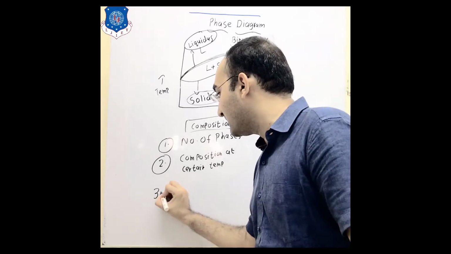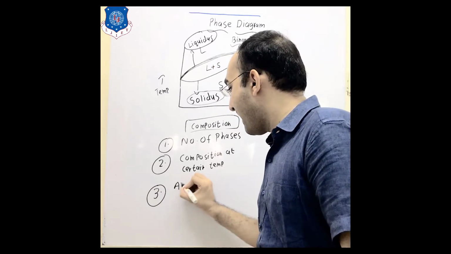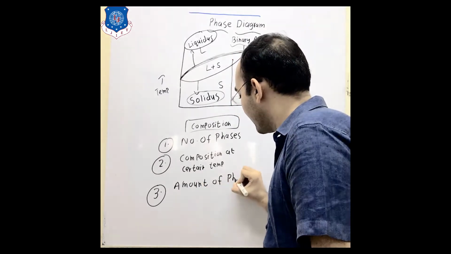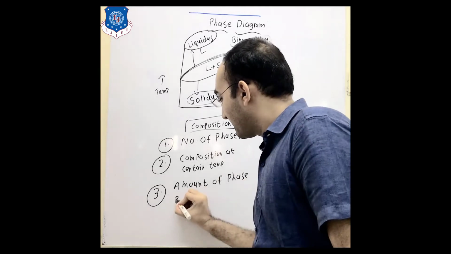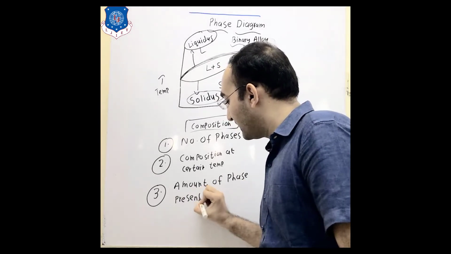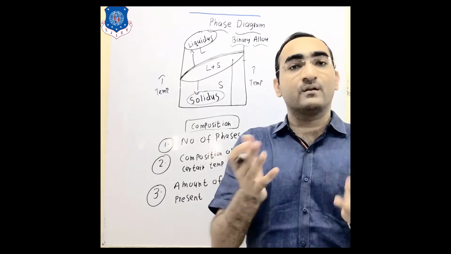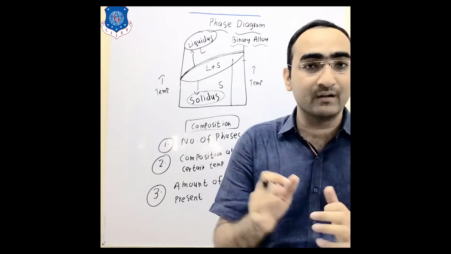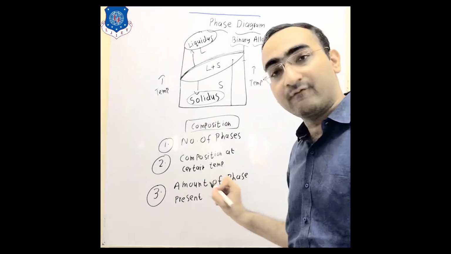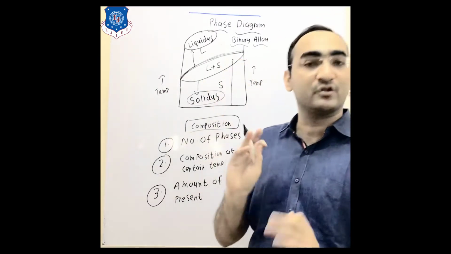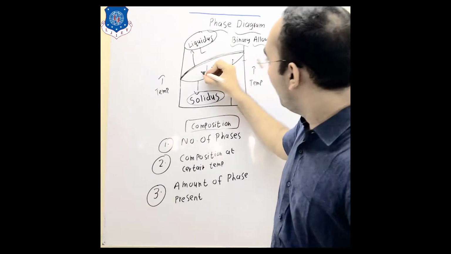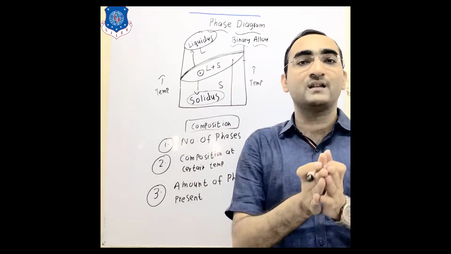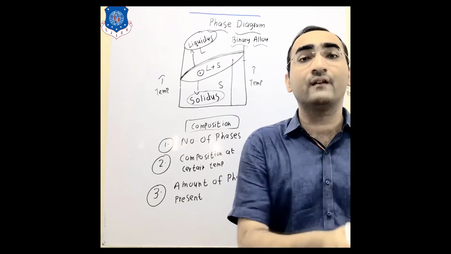And the last thing which we can find out is the amount of phase present. In a solid region we know there is 100% solid, in a liquid we know there is 100% liquid, but the amount of phase present is applicable in the liquid plus solid region. Suppose I go to this point, then I can find out at this particular point how much amount of solid and how much amount of liquid is present.